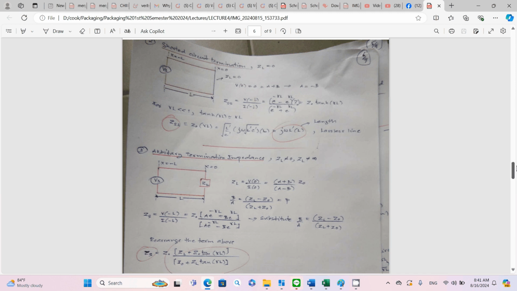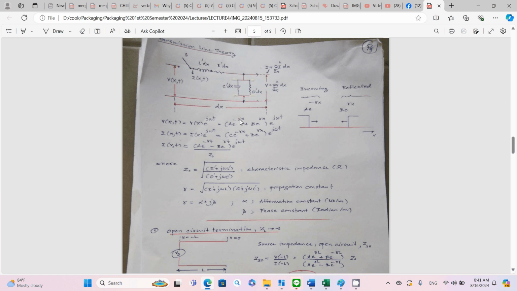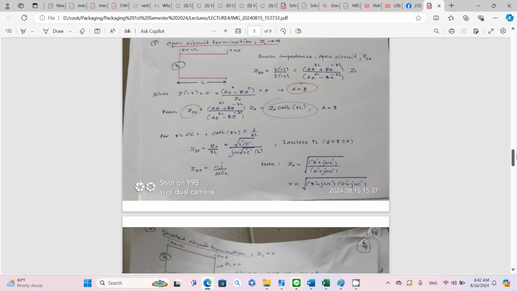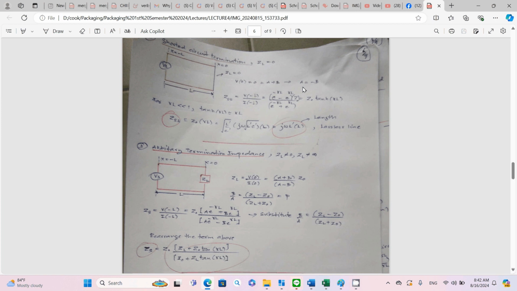And from the voltage equation, you have a Vxt equal to this term. So you simply put x equal to 0 and make Vxt equal to 0, because this is the shorted circuit to the ground. So you end up with A equal to negative B. That's why I have A equal to negative B here.